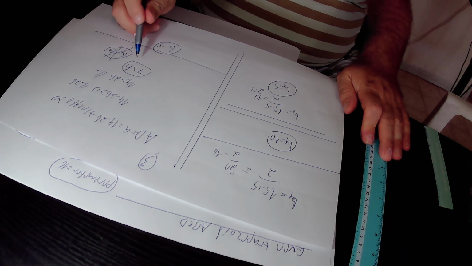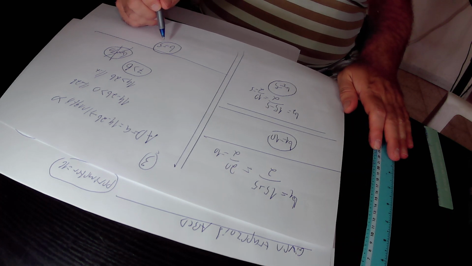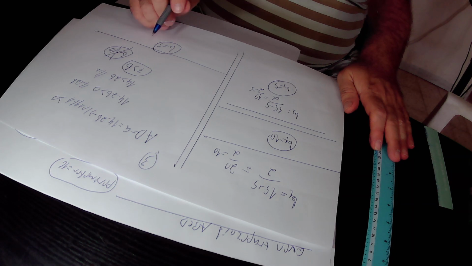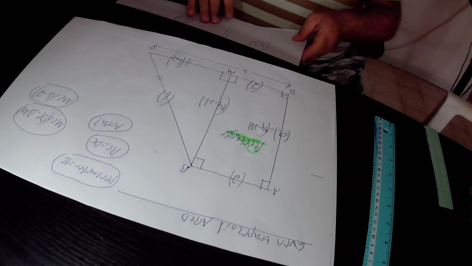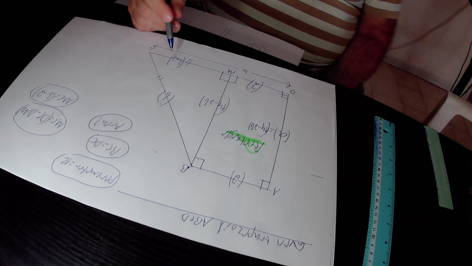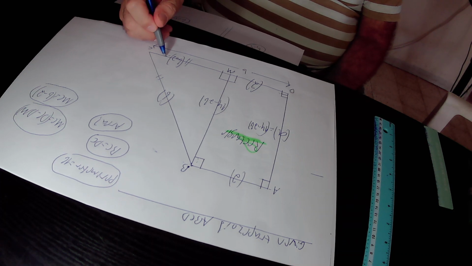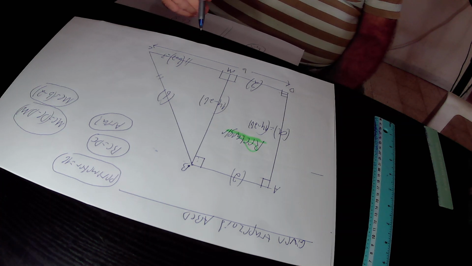So 5 is less than 7. So we found out that b equals 5. So here we have b minus 2, that is 5 minus 2, which is 3. So in total this equals 2 plus 3, that is 5.